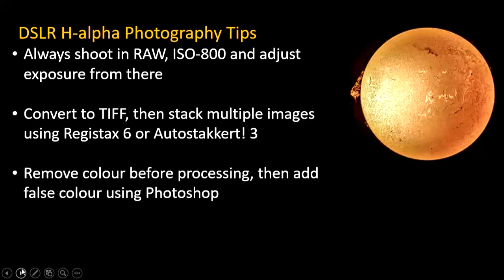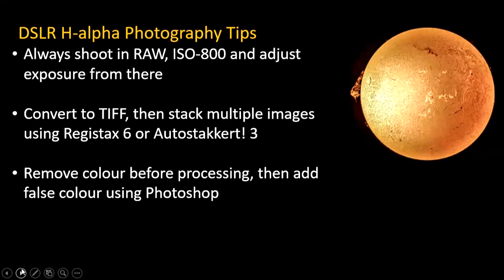So what I do when I'm processing these images, stacking will definitely give you better results, and I'll show you how that works in a second, like the before and after stacking. But when I get the raw files out of the camera, they are all bright pink because raw files are color, even if you've set the camera to black and white. The first step is to get all of the color gone, just take it all out so that I've got a monochrome image that I'm working with.